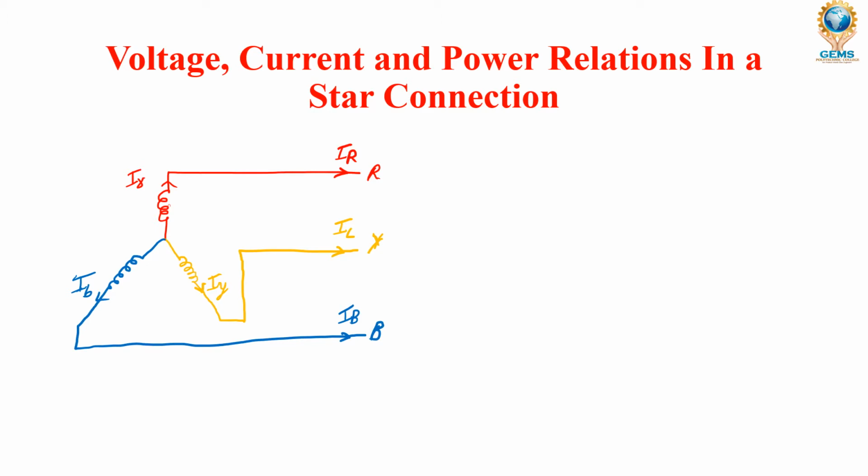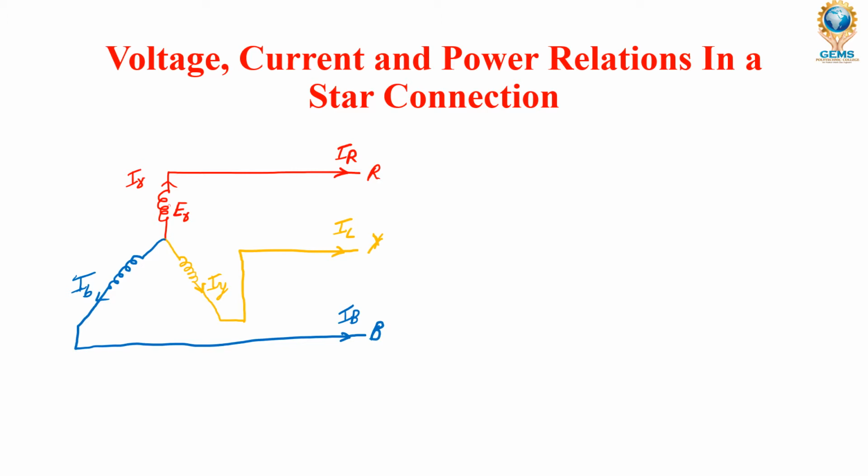And next we are going to see voltage. Now here the voltage in this R phase is ER, and the line voltage will be different.